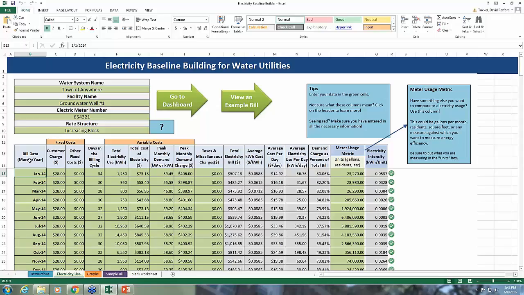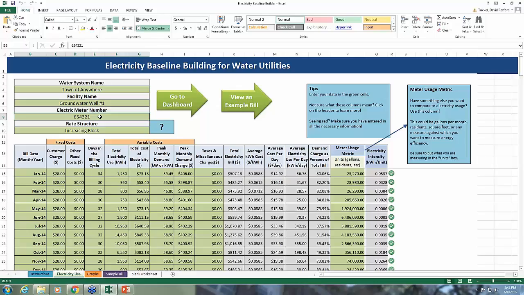Look in the upper left, where you type in your water system name and your facility name, like let's say it's a groundwater system and we're talking about well number 1. And then there may be an electric meter for that part of your system. You could find that electric meter number on your bill and type it in there to help you keep track of things consistently across time.